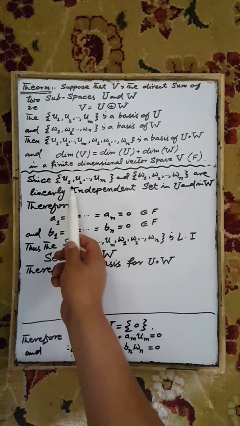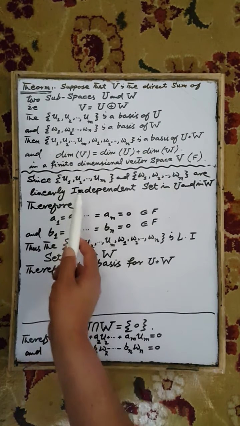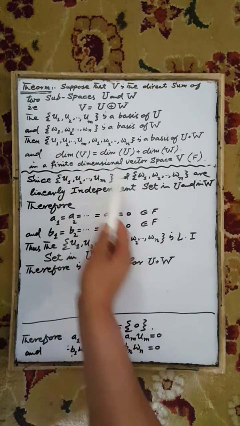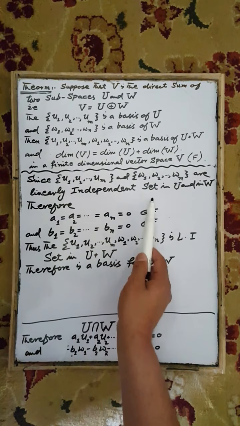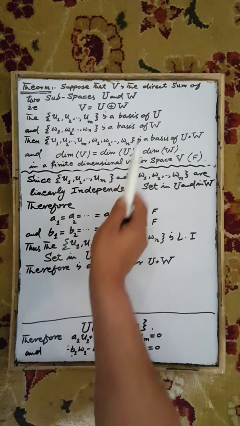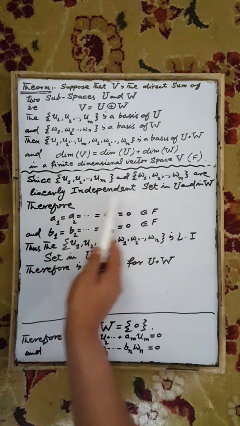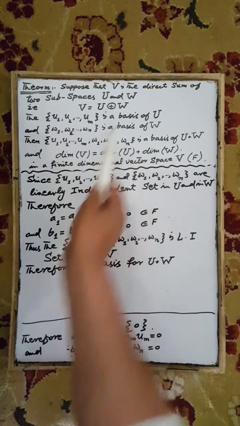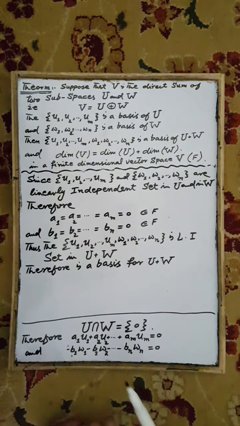Since the set u1 u2 up to um and the set w1 w2 up to wn are linearly independent sets in u and in w, this is a linearly independent set in the subspace u, and this is a linearly independent set in the subspace w, by the definition of the basis.